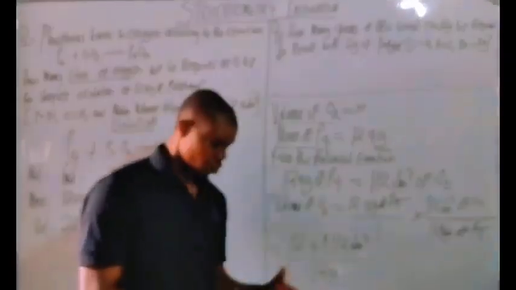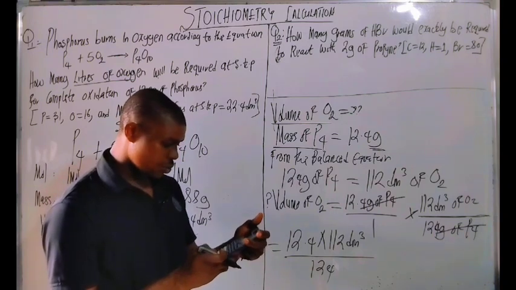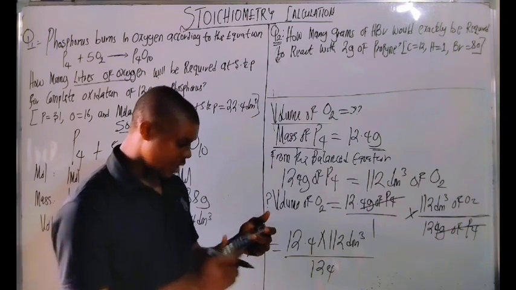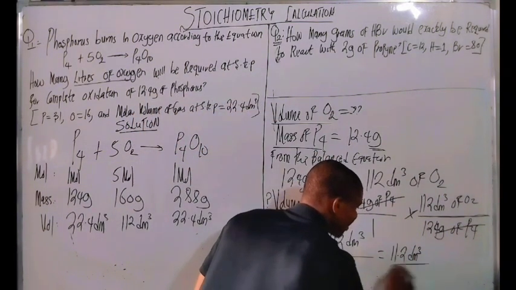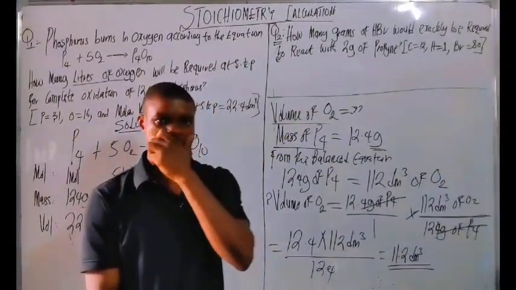Use the calculator to get your answer. We have 12.4 times 112, divided by 124. So you're going to get 11.2 dm cube. That is the answer. 11.2 dm cube. As easy as that.